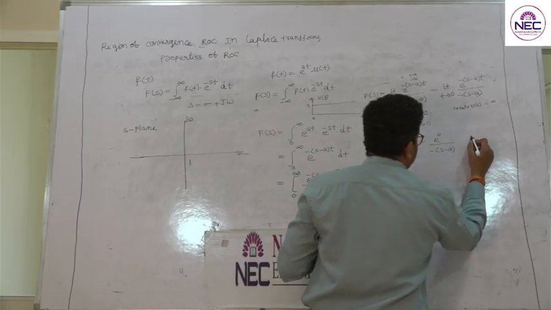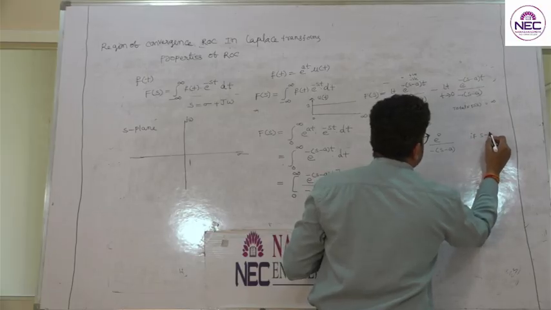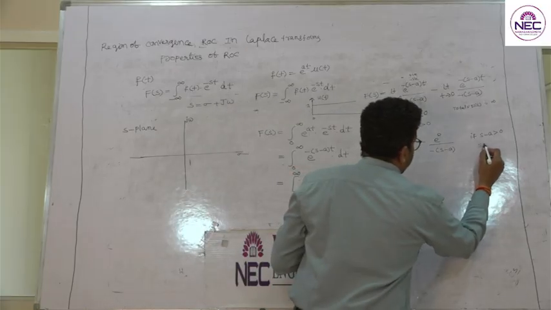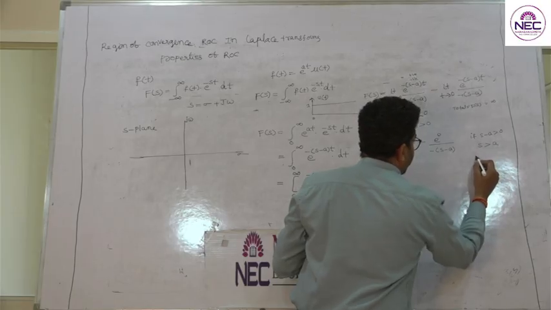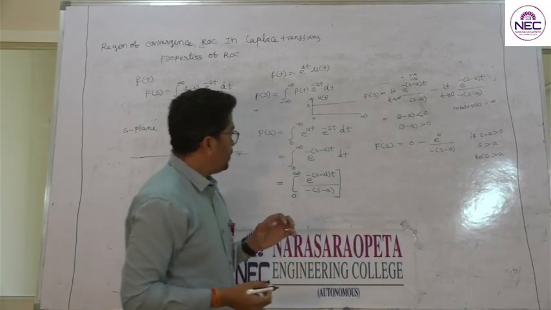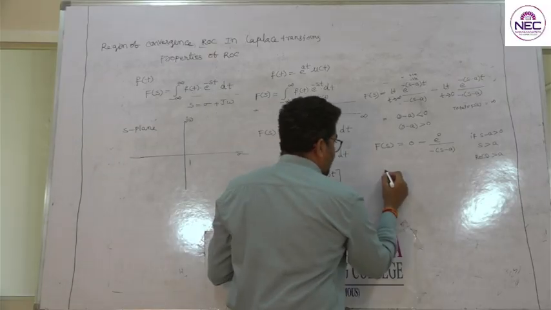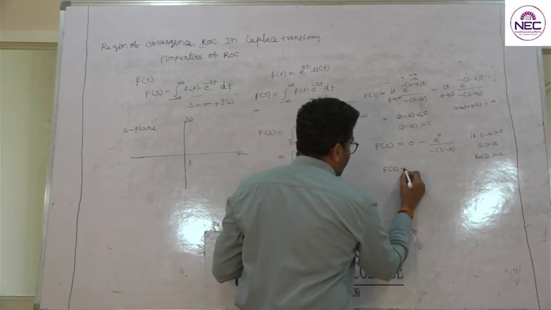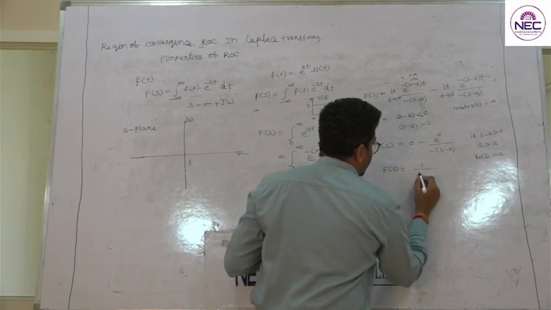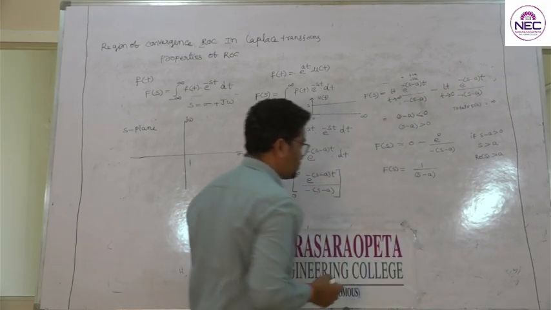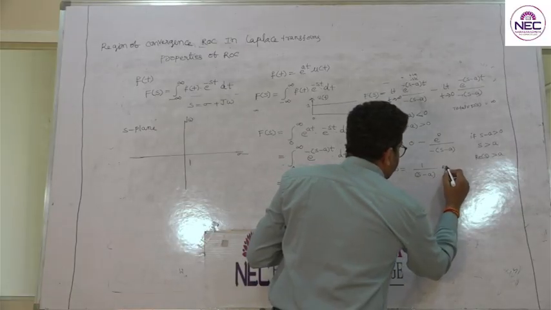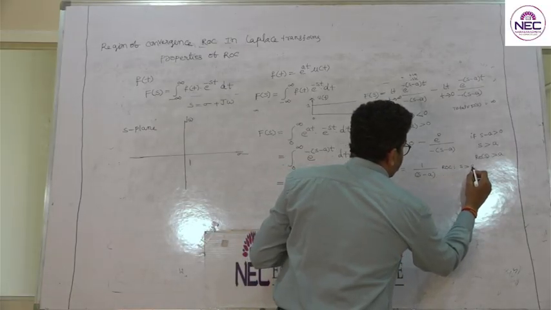One condition: s minus a greater than 0, that is, s greater than a, which indicates real part of s greater than a. Here the transform value F of s equals, minus cancels, plus e power 0 is 1, so 1 by s minus a. F of s equals 1 by s minus a, ROC, region of convergence, s greater than a.